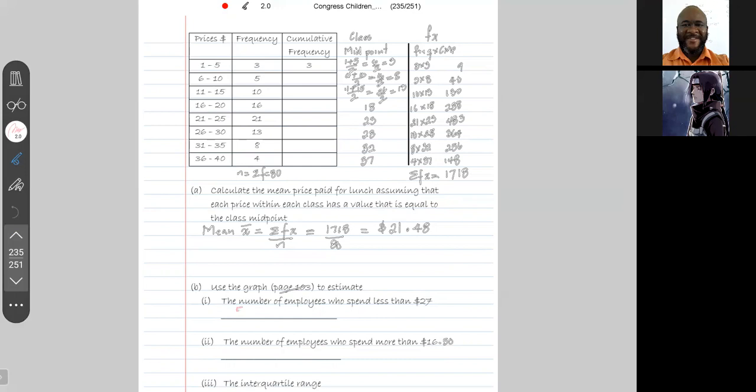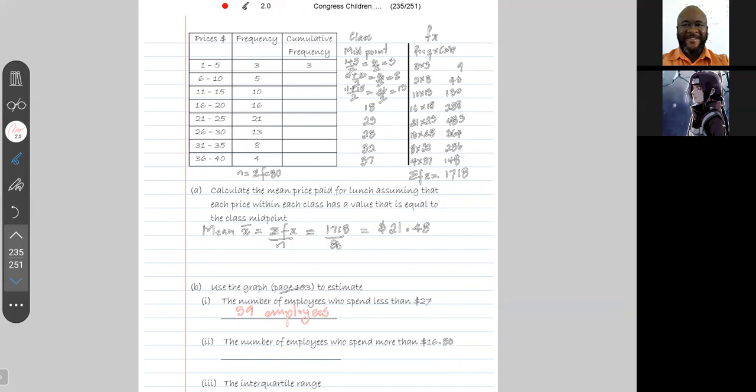I would say that this is 59 employees, because remember, the 60th employee spent $27 and everybody below him spent less than $27.